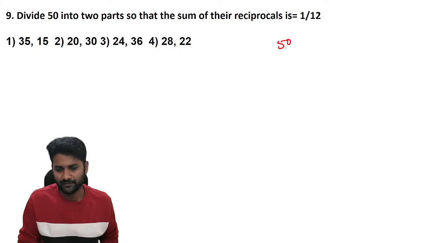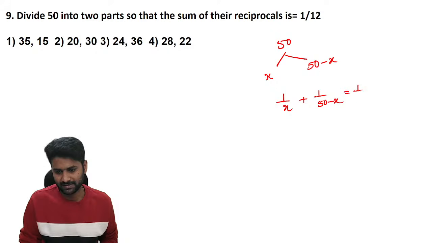So divide 50 into two parts: let one part be x and the other part 50 minus x. The sum of the reciprocals means 1 by x plus 1 by 50 minus x, and the result is 1 by 12.